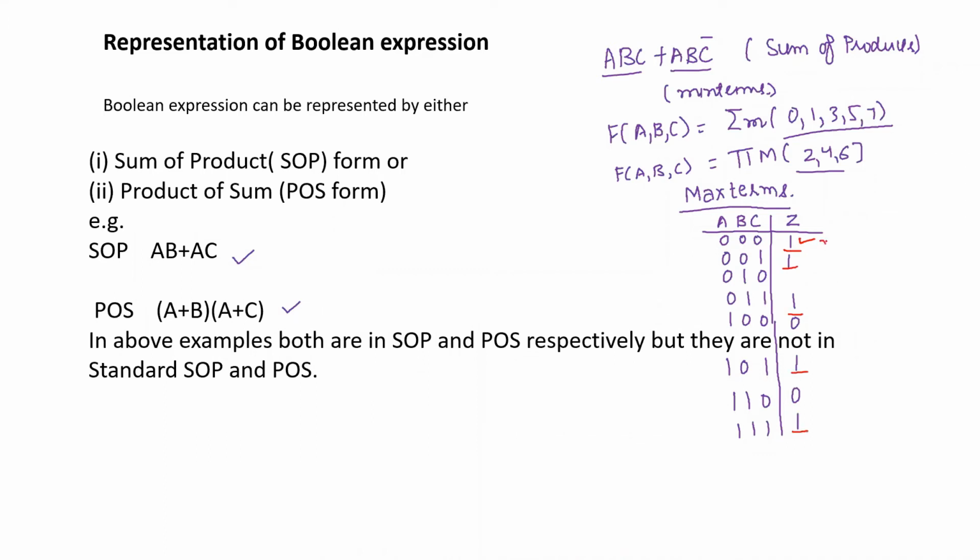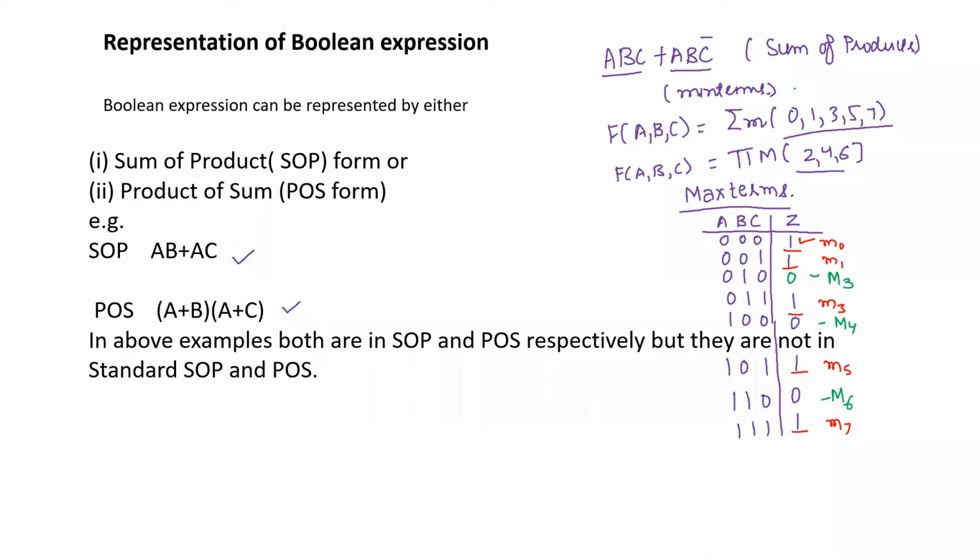So it can be written as m0, m1, m3, m5, and m7. And the green ones, for which it is 0, are max terms. It can be written as M2, M4, and M6.